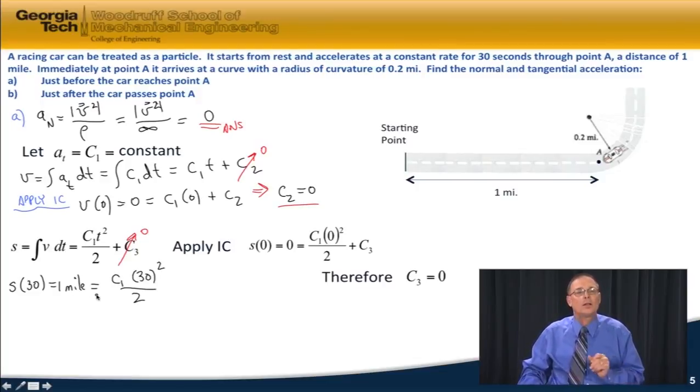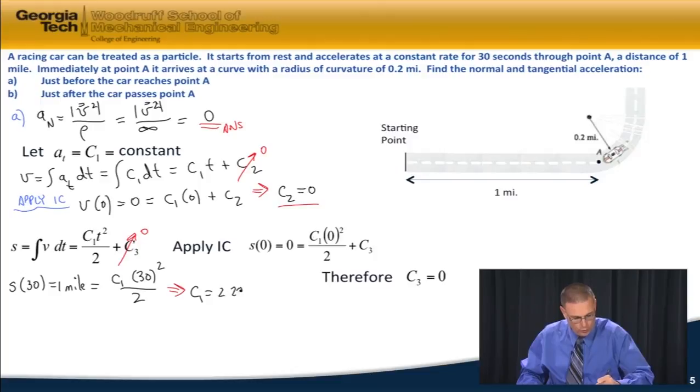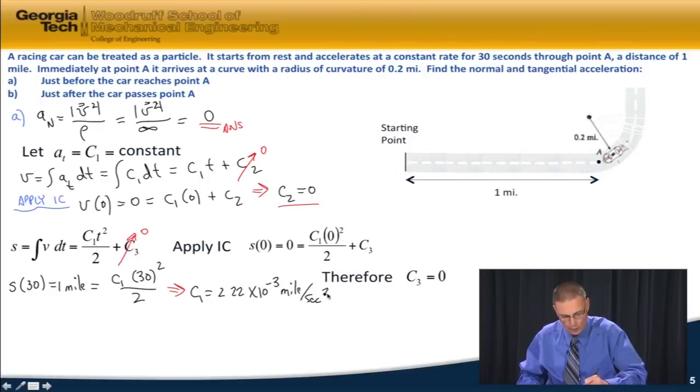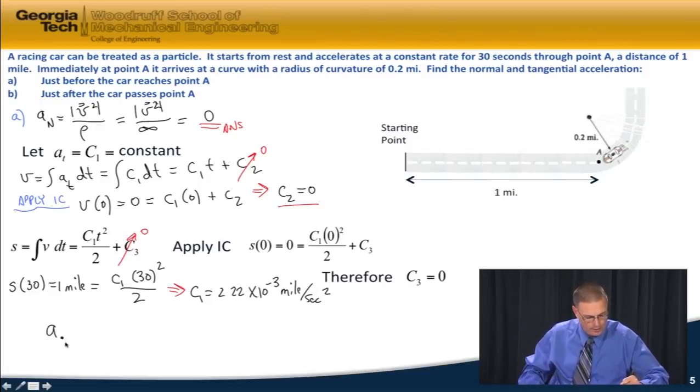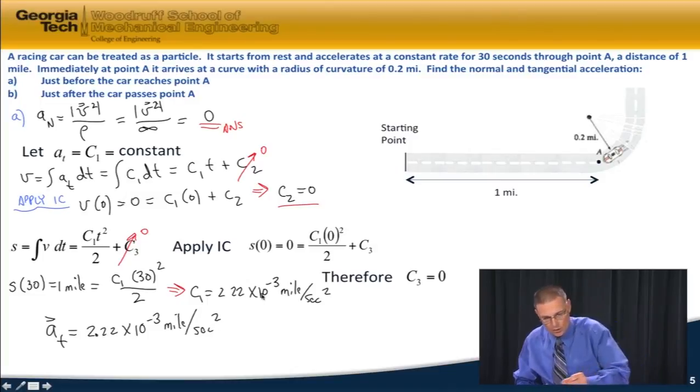And that's going to allow us to solve for C1, which is our tangential acceleration, which is what we need for the solution of part A. And so I get C1 equals 2.22 times 10 to the minus 3 miles per second squared, or I can express that as a vector now. A tangential, which is C1, is equal to 2.22 times 10 to the minus 3 miles per second squared, and the direction is going to be to the right.